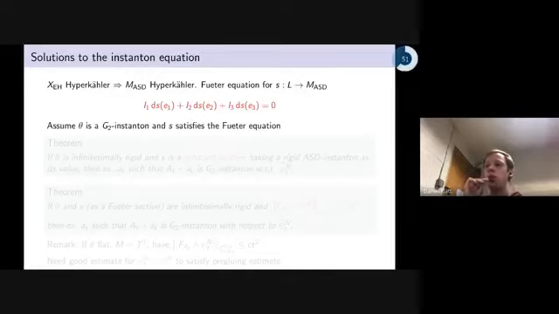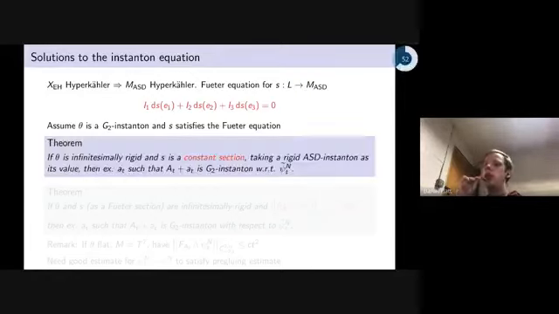And now comes the theorem. Why do we care about Fueter sections? If theta is a G2 instanton, and S satisfies the Fueter equation, then we have the following theorem. If theta is infinitesimally rigid and S is a constant section, taking a rigid ASD instanton as its value, then there exists a little correction a such that A_t plus a is a G2 instanton with respect to psi tilde t.